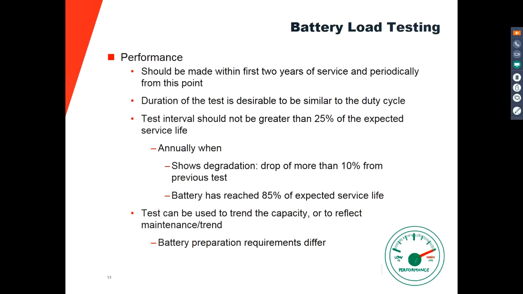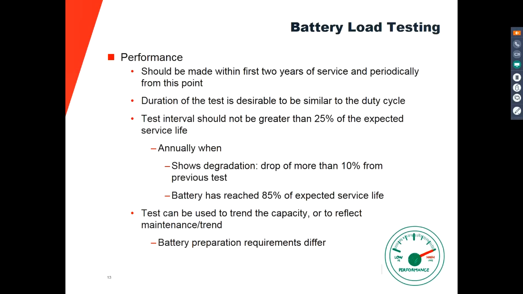Once the battery shows degradation, for example, if the battery capacity drops more than 10% from the previous test, we need to start testing annually. Or whenever the battery has reached 85% of the expected service life, we should also start doing the test annually, because from this point on, the battery is expected to drop in capacity faster than it did in the early years.